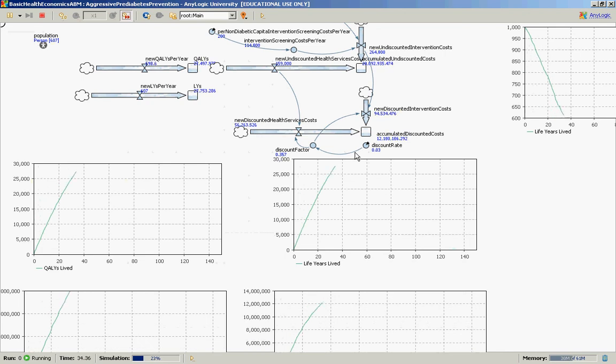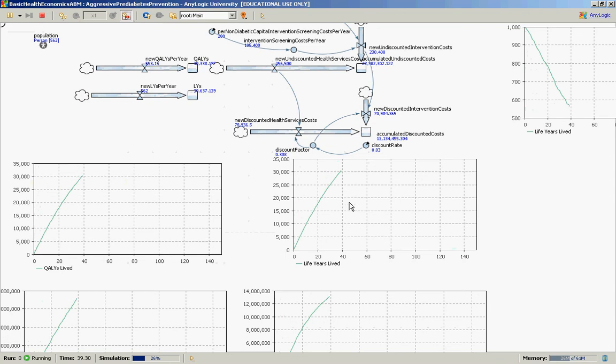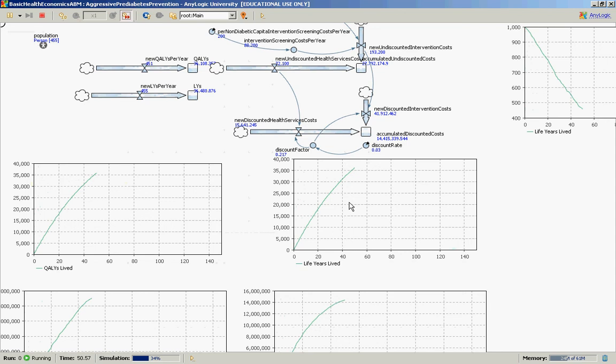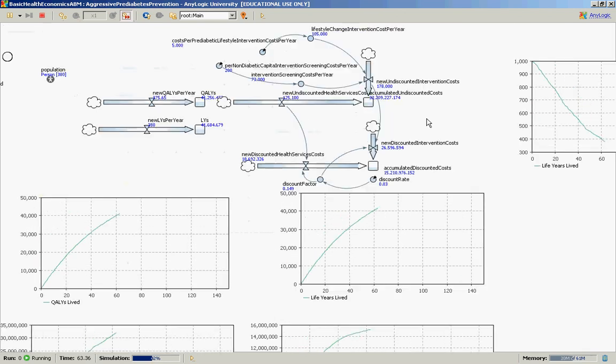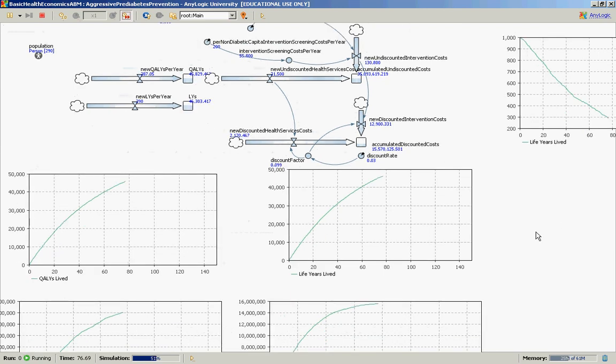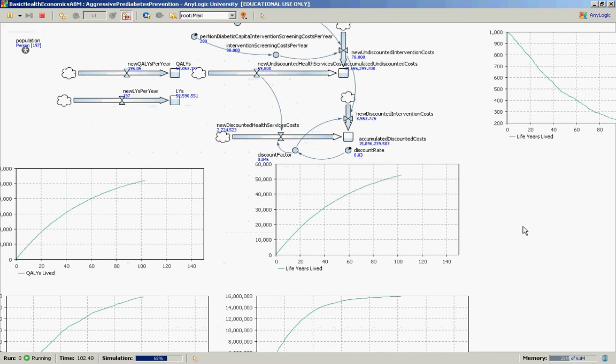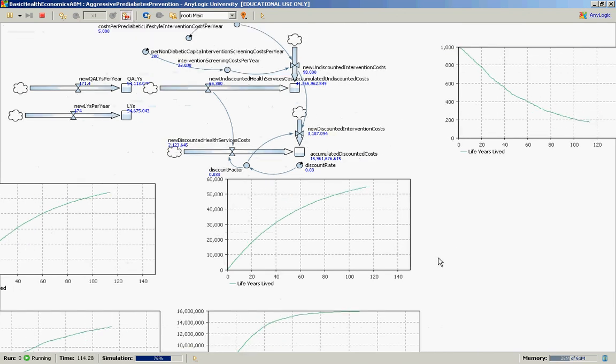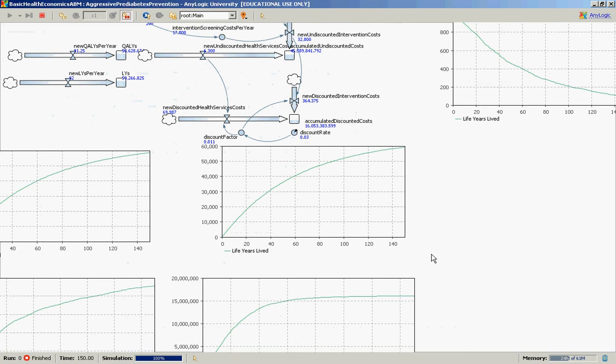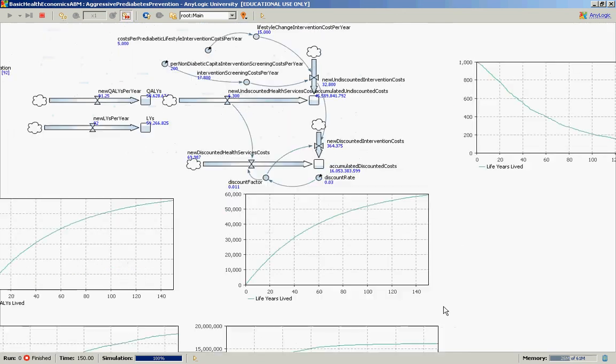And the corresponding costs that accumulate overall are much larger. These interventions, you may recall, include both screening costs per year as well as some lifestyle intervention costs for those individuals who are found in a pre-diabetic state. So here we have significantly higher costs, upwards of $16 million compared to the $12 million we had before.